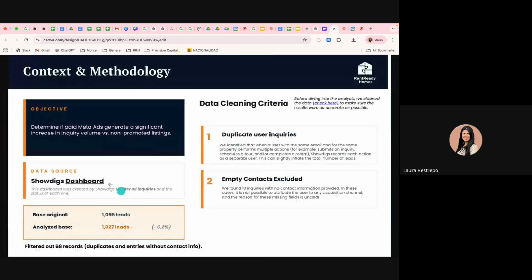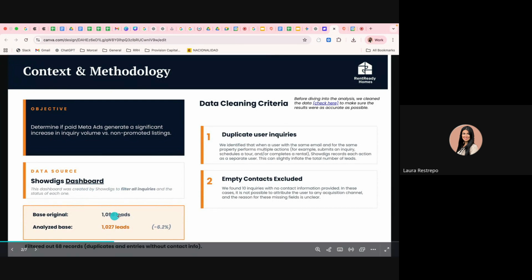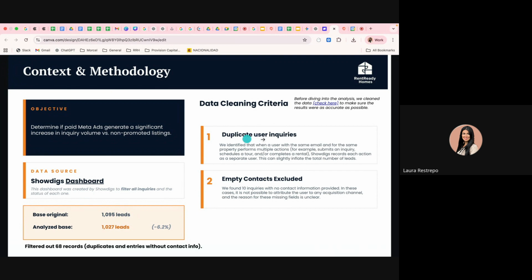Everything is coming from the Showdix dashboard. So we have 1,095 leads. This is the original base, and we cleaned the data a little bit because we found different duplicate user inquiries, and also a lot of empty contacts, right? I think it's because it's not mandatory to complete the information in the onboarding or something like that.